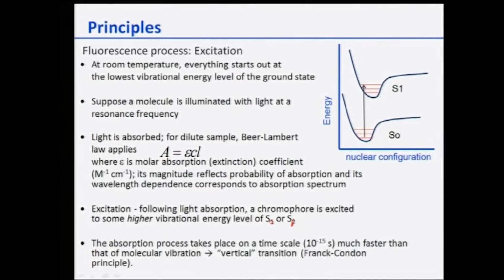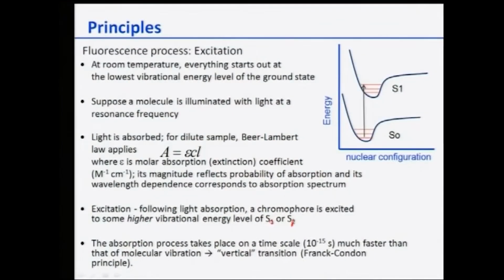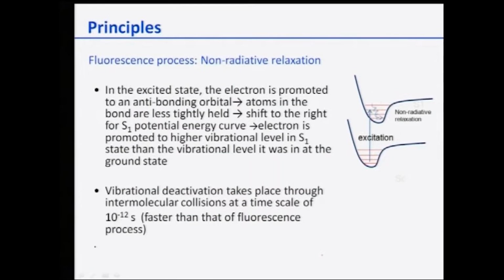It can actually happen in 10 to the minus 15 seconds, that is even lower than a picosecond, and vibration is much slower. So, excitation is faster than vibrations. The vertical transition principle, the Franck-Condon principle, which I am not going to discuss, can also be utilized to explain such things.